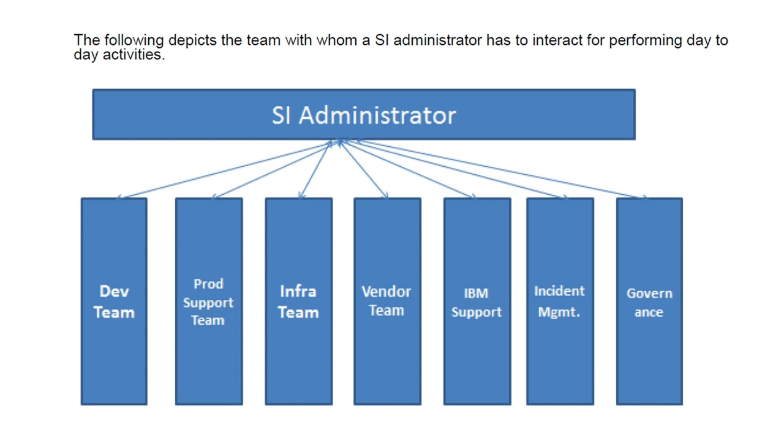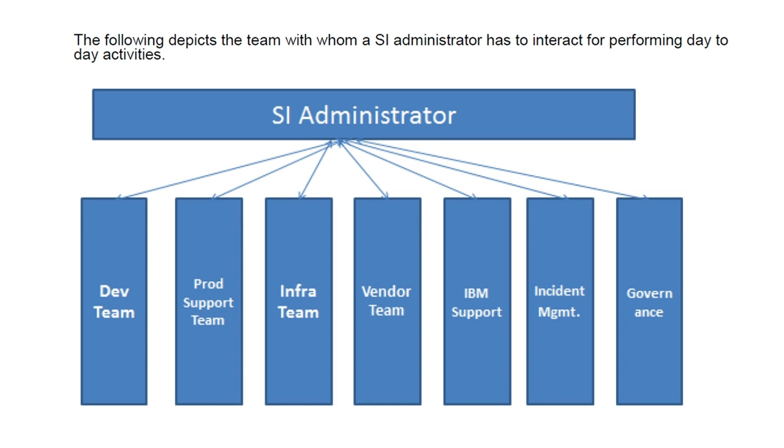The first one is that as an administrator, you have to have a very close relationship and interaction with your development team, who are developing different kinds of artifacts within your Sterling Integrator, maybe in a test or dev environment, and doing a lot of testing.